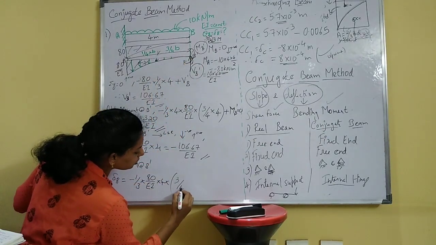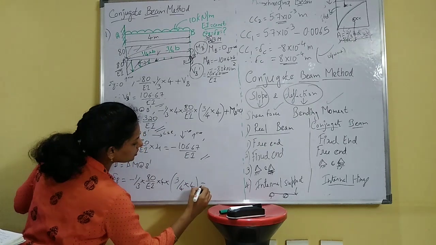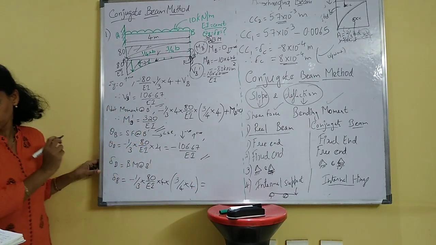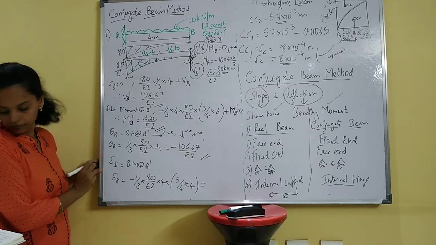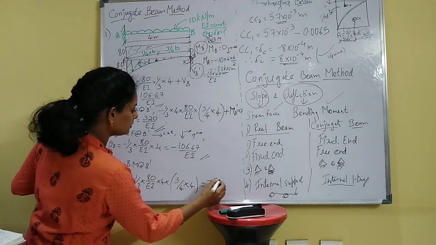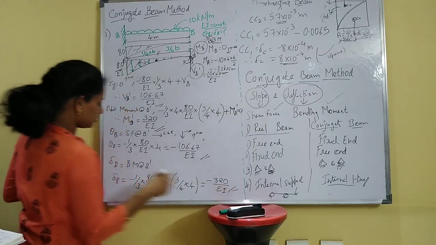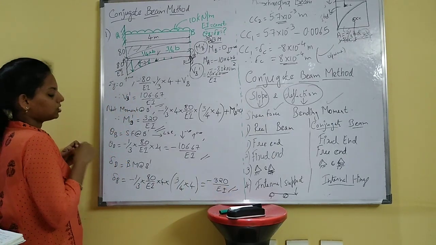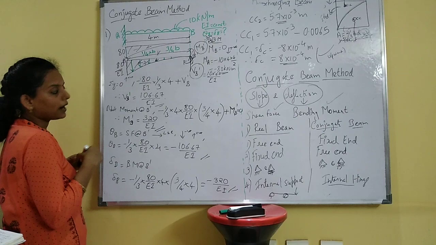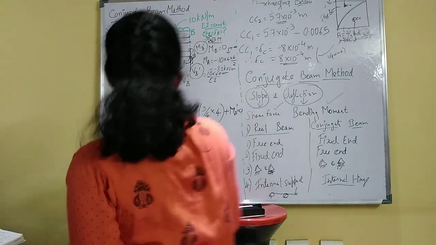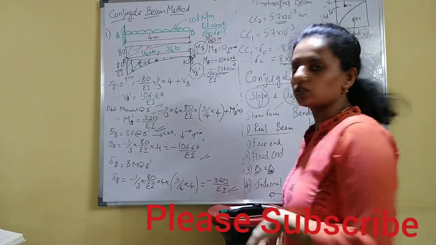So it is 3/4 of 4, which is equal to minus 320 by EI. This is nothing but your slope and deflection at the point B. Okay, that's all. Thank you.